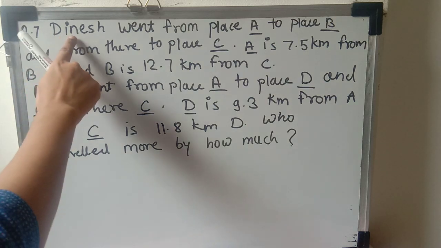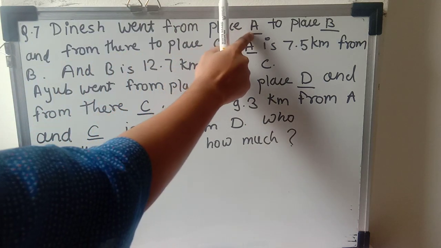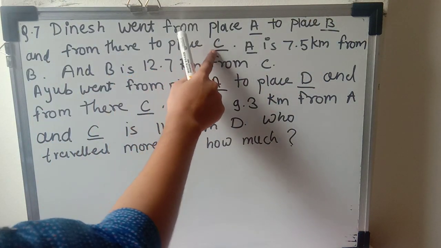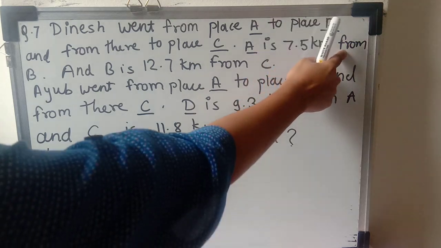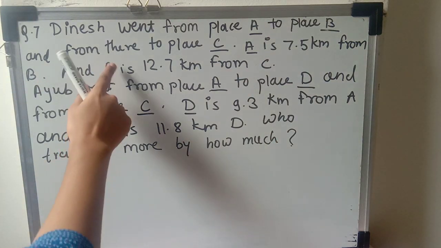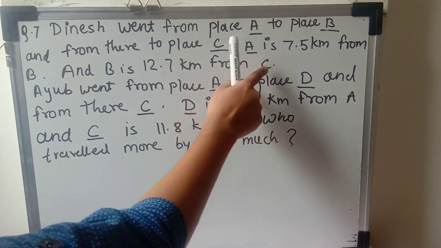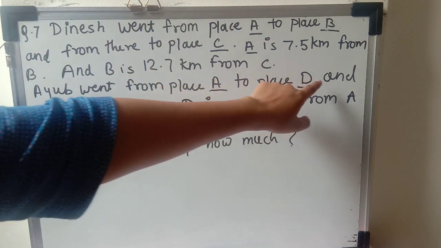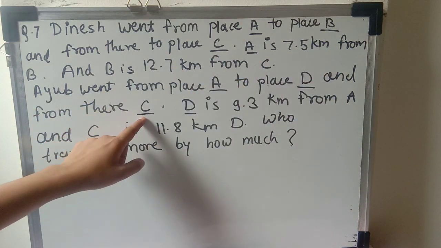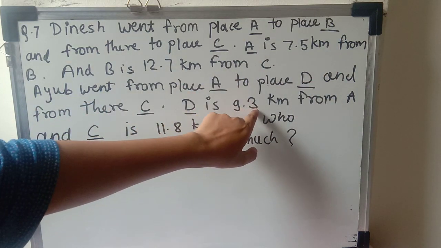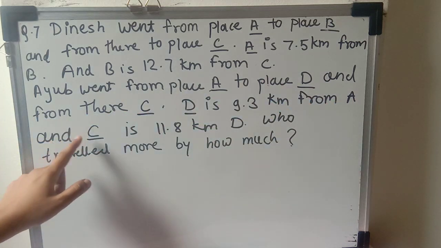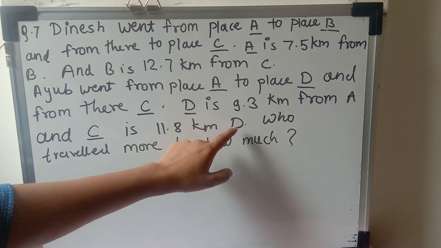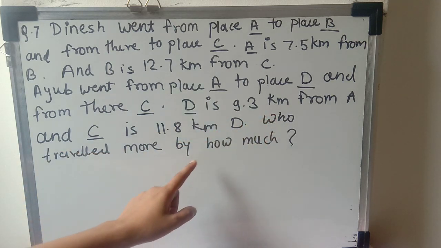So the example is: Dinesh went from place A to place B, and from there to place C. A is 7.5 km from B and B is 12.7 km from C. Ayub went from place A to place D and from there to C. D is 9.3 km from A and C is 11.8 km from D. Who traveled more and by how much?